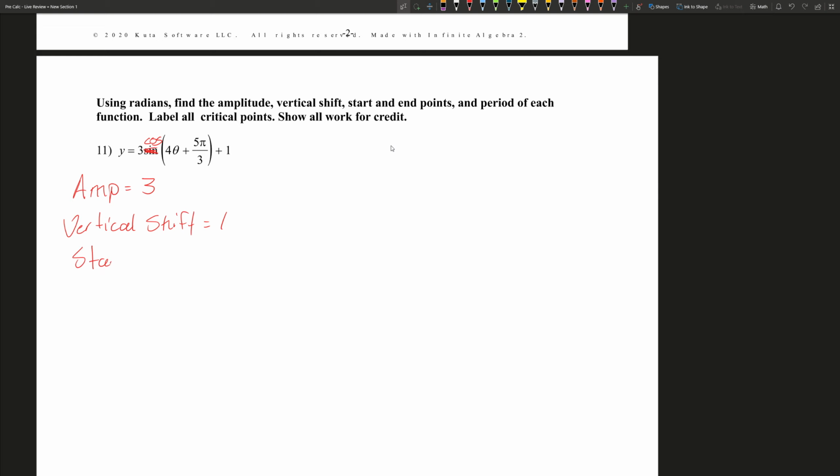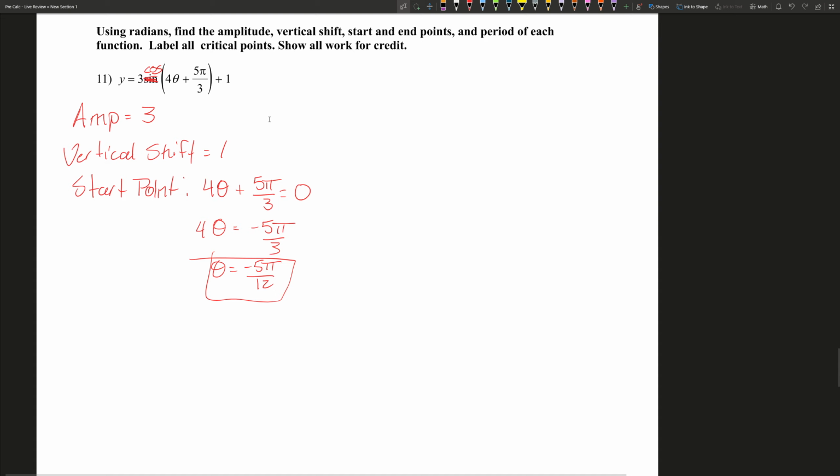Then we need a start point by setting everything inside parentheses equal to 0, and then solving for theta. Do the same thing for the endpoint, but set it equal to 2 pi.